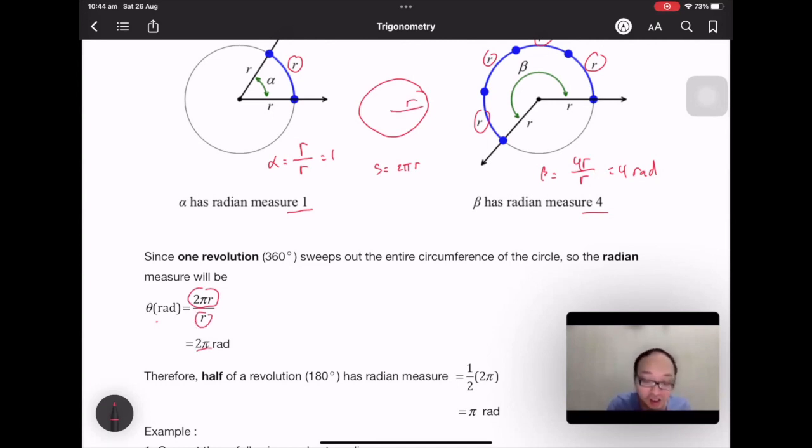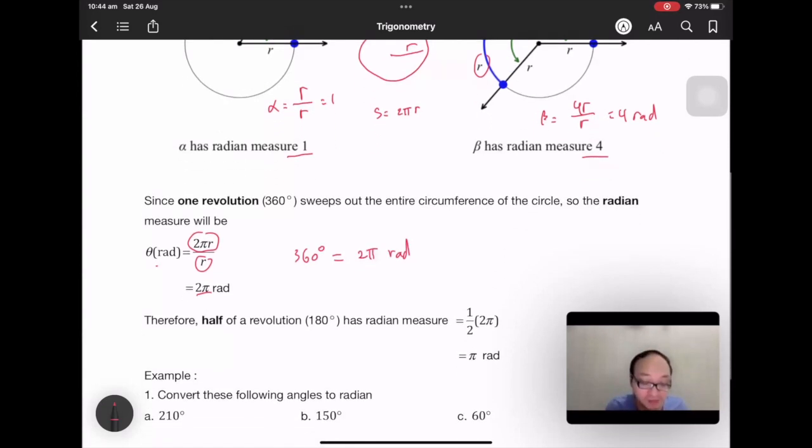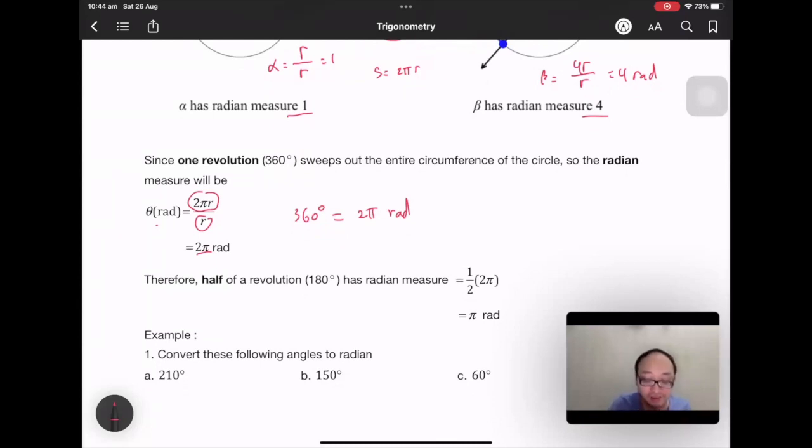So it equals 2 pi radian. So that means 360 degrees equals 2 pi radian. And also half of the revolution, so 180 degrees equals pi radian.